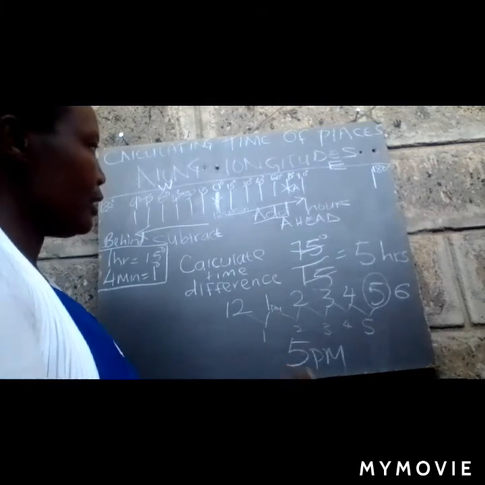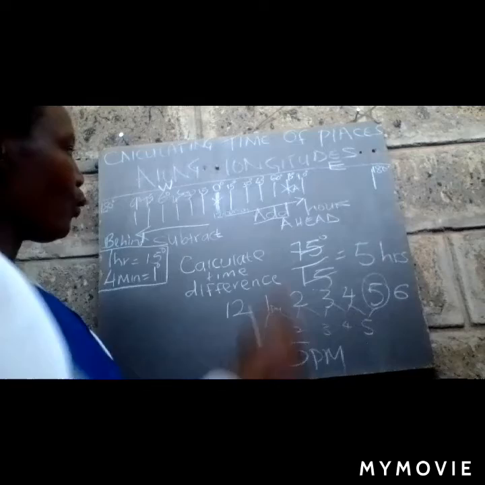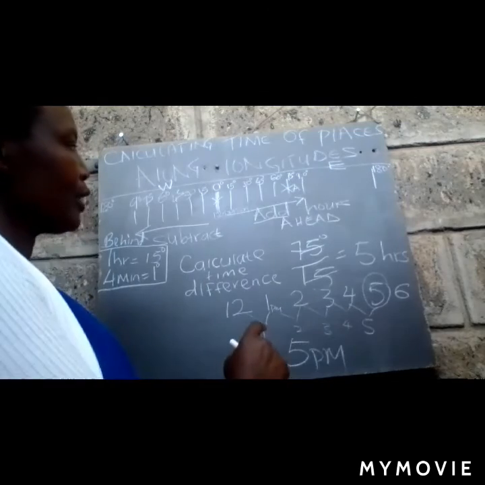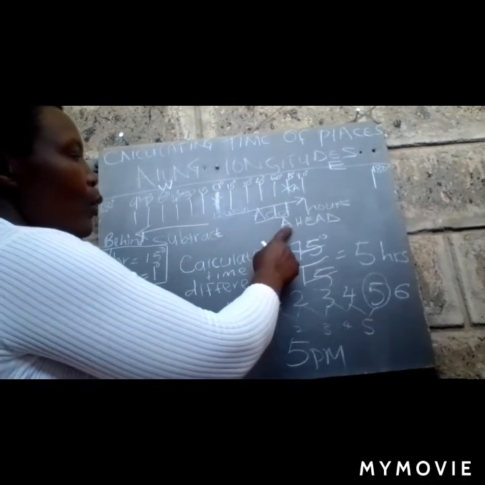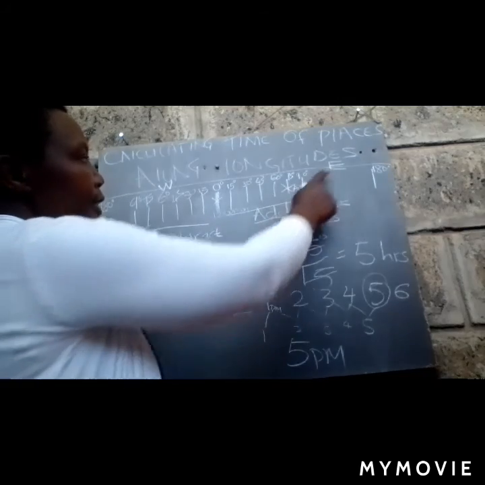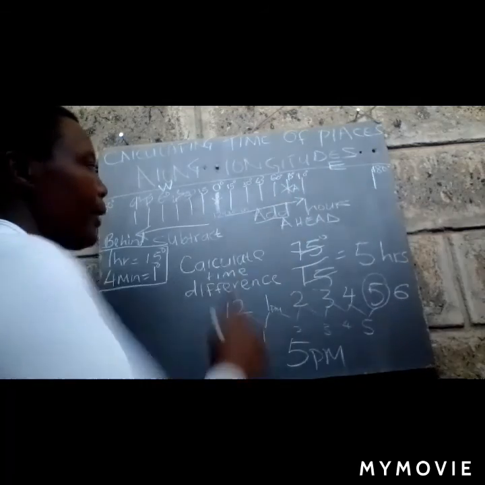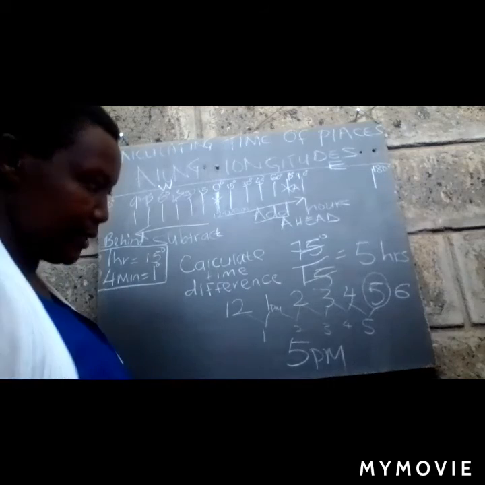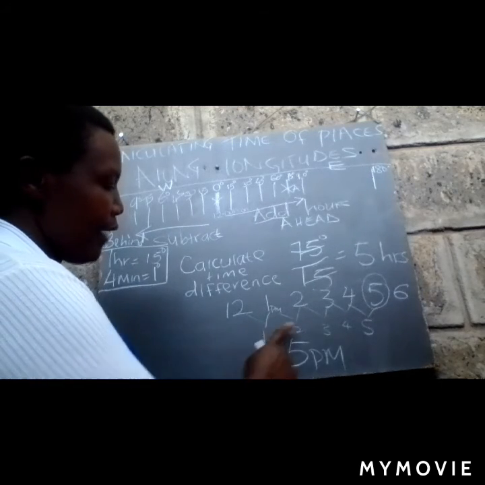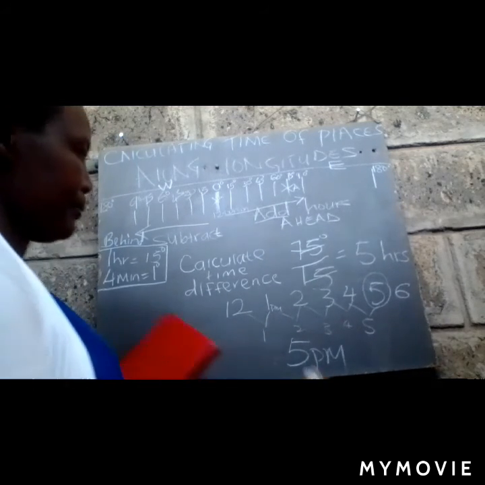Then we ask ourselves, if at the prime meridian it is 12 noon, what will be the time at A? We add when it is ahead of the prime meridian, when it is to the east of the prime meridian, we add hours. And now because we had 5 hours, our time will be 5 p.m.